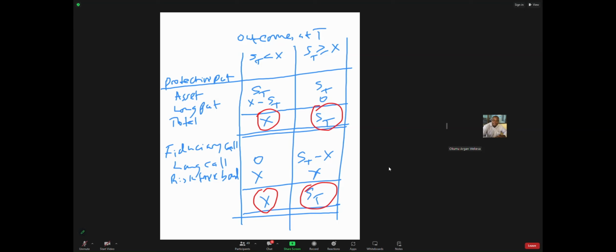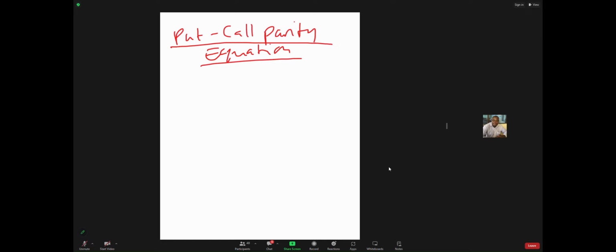Yeah, so that is it. So let's go to the put call parity equation.